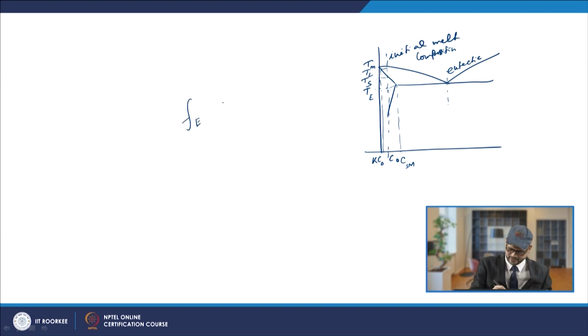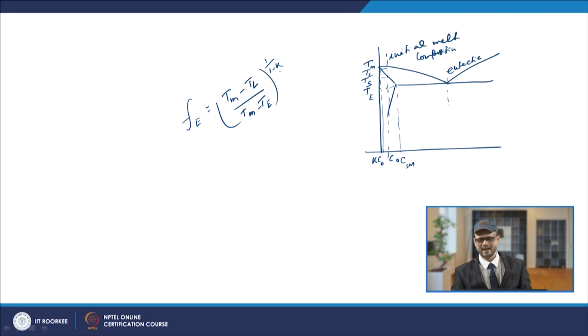We are taking this as the complete diffusion in the liquid and no solid diffusion. So, if you try to find it, it will be Tm minus TL by Tm minus T raised to the power 1 by 1 minus K. This way you can have the fraction of eutectic which can be formed in such cases.